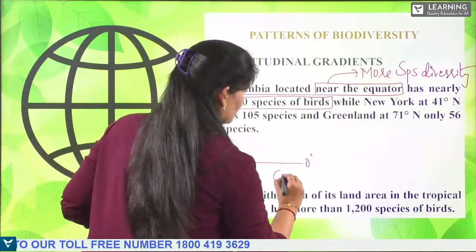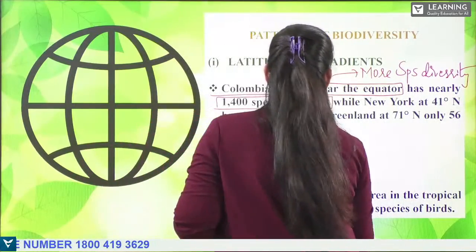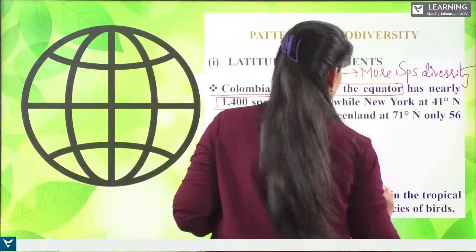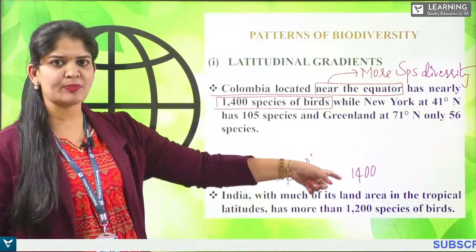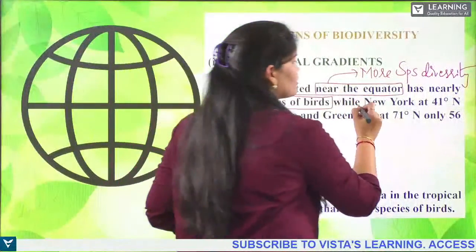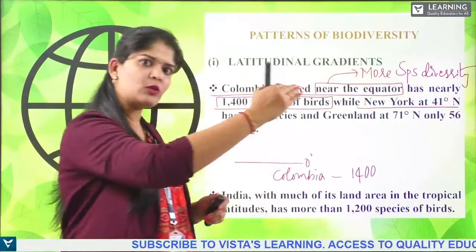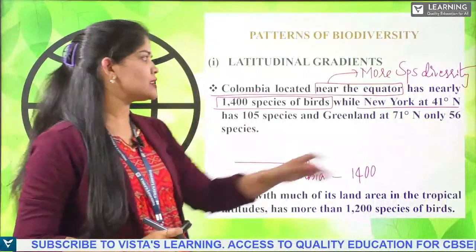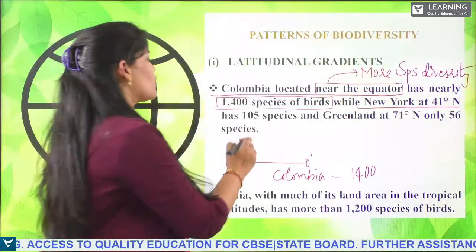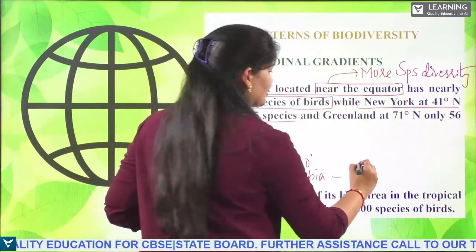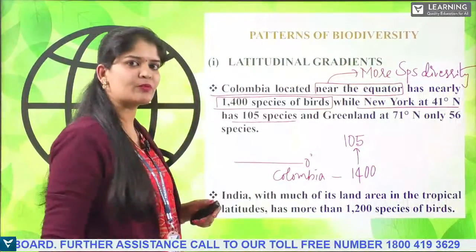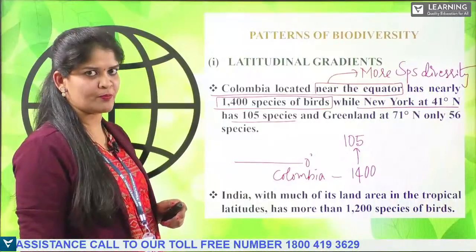So Colombia has more species diversity, the number is more: 1400 species of birds. While Newark, as we are moving towards the North Pole at 41 degrees North, has 105 species. So it is decreasing. See, it has already started decreasing from 1400 to 105.